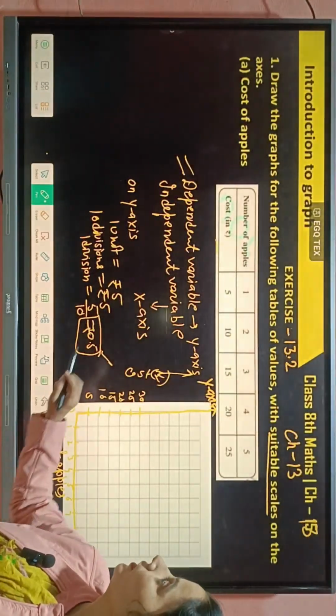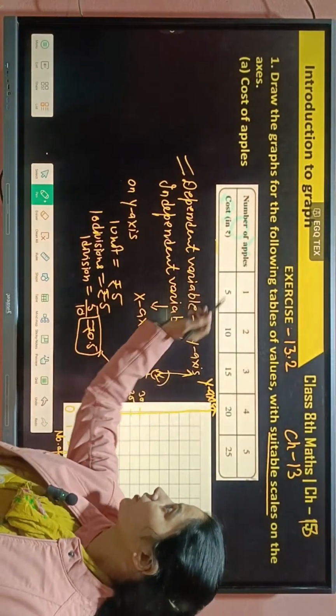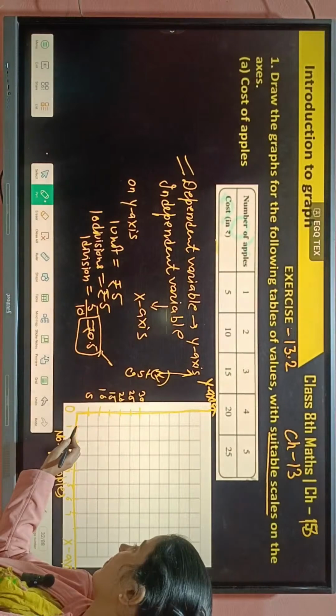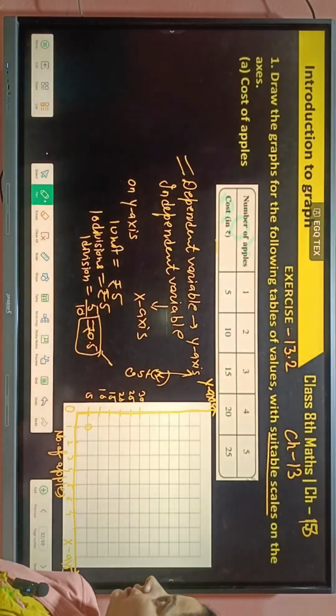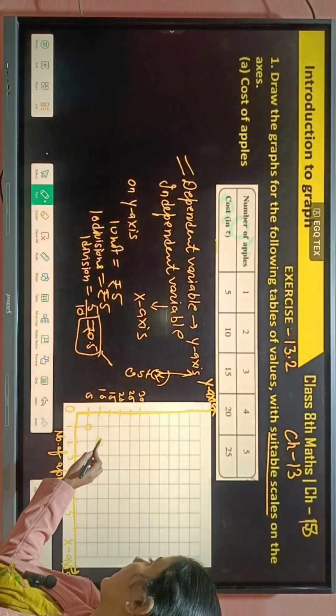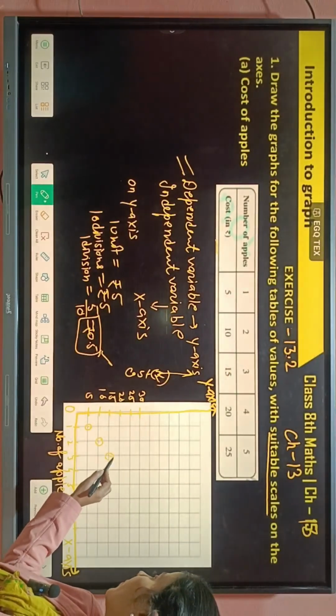Now let us plot. Number of apples 1 and corresponding cost is rupees 5. So you will get this point there. Number of apples are 2 and cost is 10. Then number of apples are 3 and cost is 15.